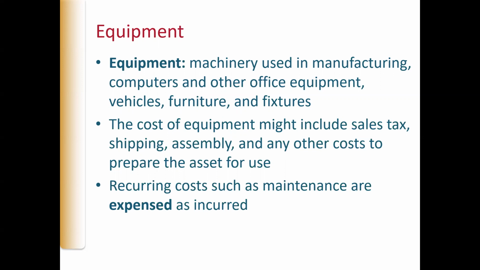Costs that are incurred, such as maintenance expenses, are expensed each year. Think of like oil in your car. Oil just keeps the car running. And so windshield wiper fluid, that's just a maintenance expense.